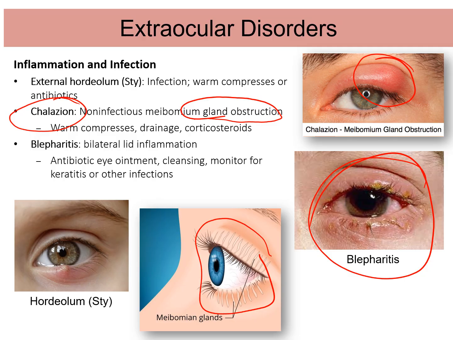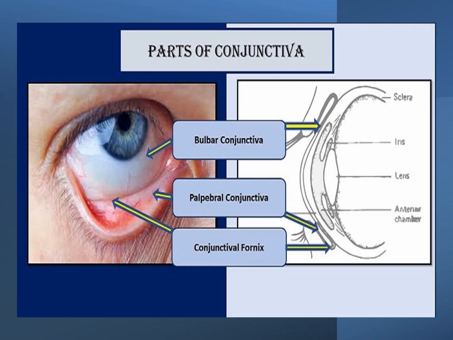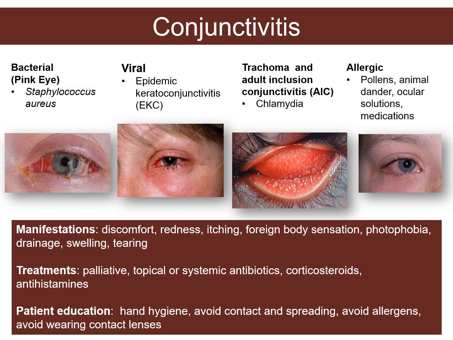You also want to educate on good hygiene. They should throw away those tissues and the cloth. They shouldn't share towels with somebody else in the house. They want to wash their hands, that kind of thing. And then this patient can also have antibiotic ointment for that.